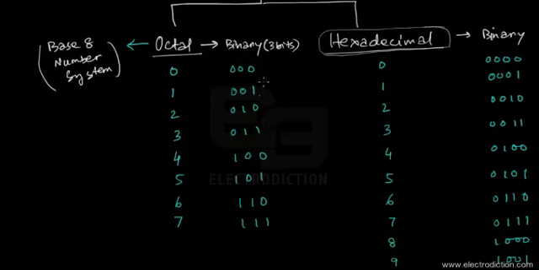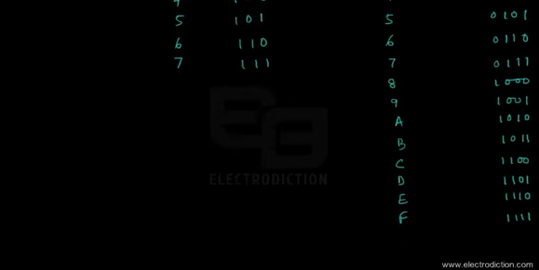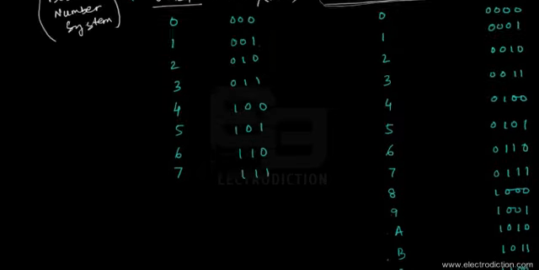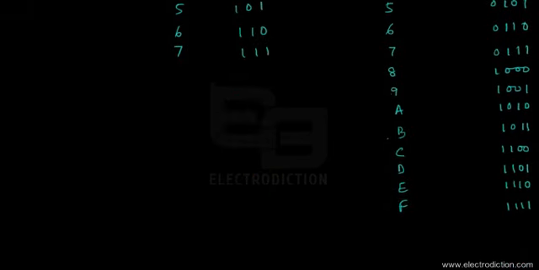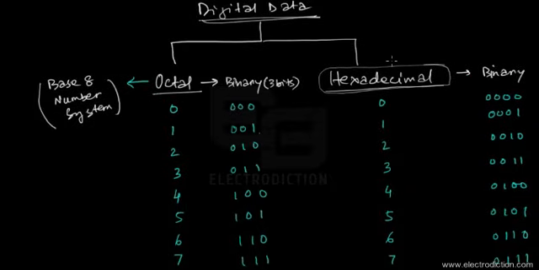In the hexadecimal system, the symbols span from 0 through to 9, and then we have A, B, C, D, E, and F, representing the corresponding decimal equivalents of 10, 11, 12, 13, 14, and 15. So we have 16 symbols or digits in the hexadecimal number system, which is why it is also referred to as a base 16 number system.